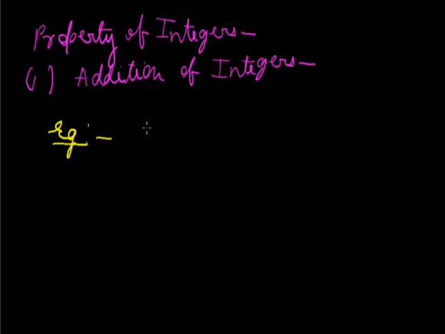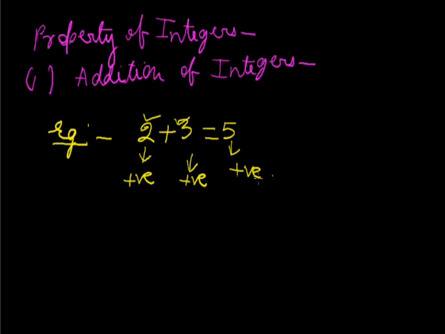Let's say we add two integers. 2 plus 3 gives you, means 2 is positive, 3 is also positive, and when two positive numbers are added we get the result always as positive.